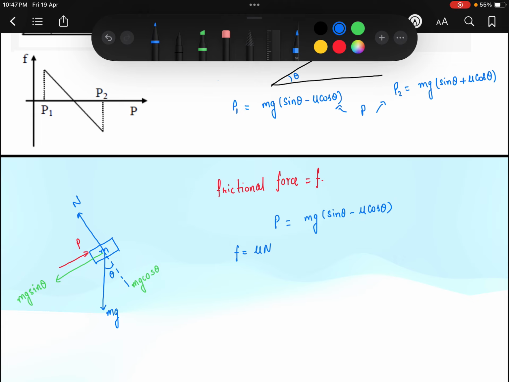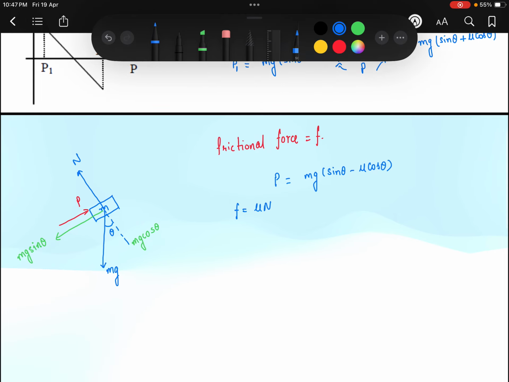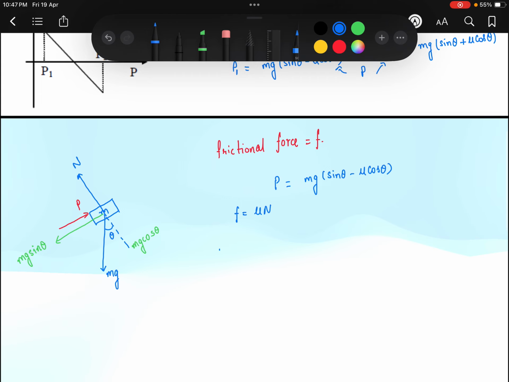And from this free body diagram we can say that this normal force will be equal to mg cos theta. So just by putting this value, we can get the frictional force will be equal to mu mg cos theta. But this is our frictional force.